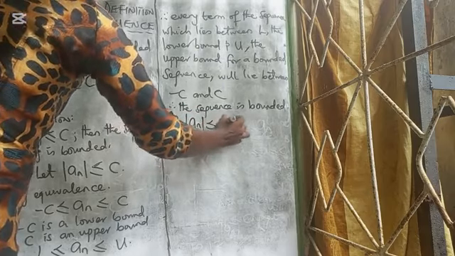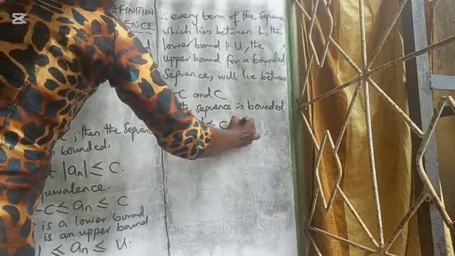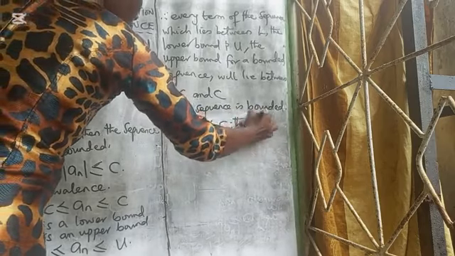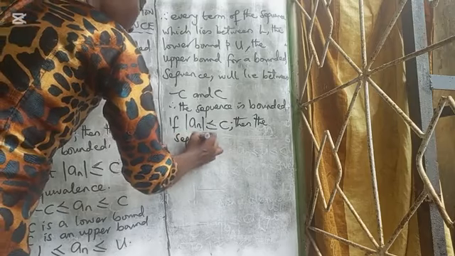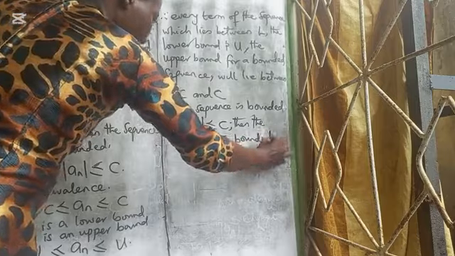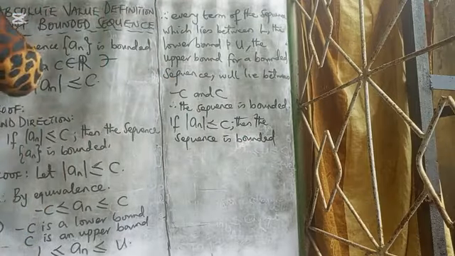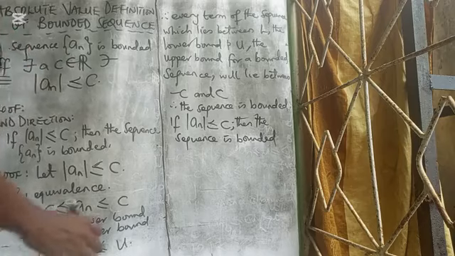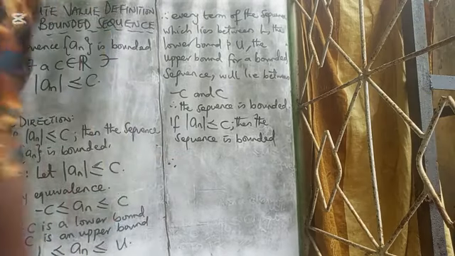As such, we have been able to prove the second direction, that if the absolute value of a sub n is less than or equal to C, then the sequence is bounded. We can now conclude that what?